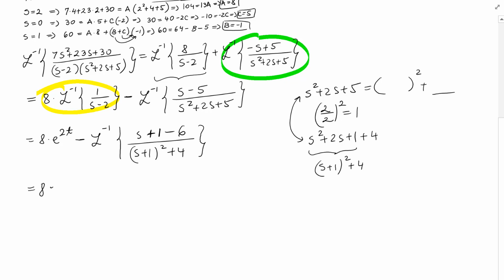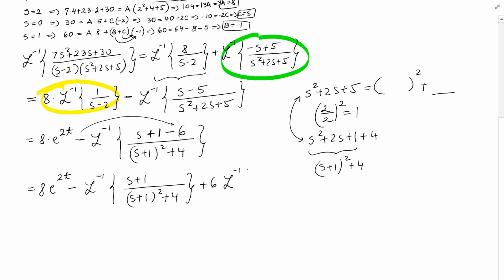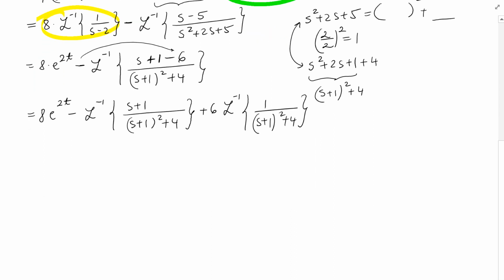So then I'm going to split it into the inverse Laplace transform of s plus 1 over s plus 1 squared plus 4, and then negative with negative, plus 6 times the inverse Laplace transform of 1 over s plus 1 squared plus 4. I even moved the 6 outside. Now let's identify what each means. This one, if you look again in the table, is e to the negative t cosine of 2t.